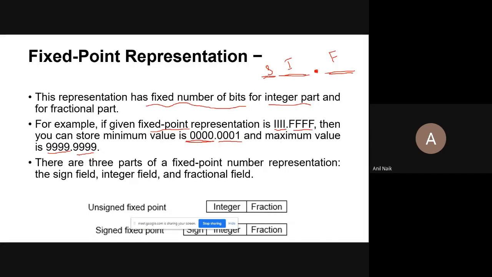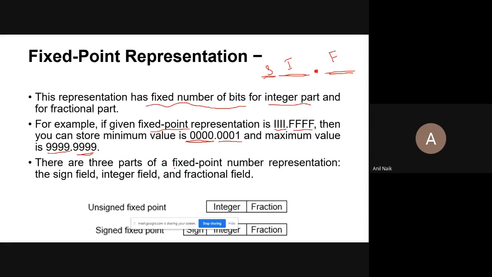That is the limitation of fixed point numbers: you cannot represent large numbers in fixed point representation, and we will get some precision errors.